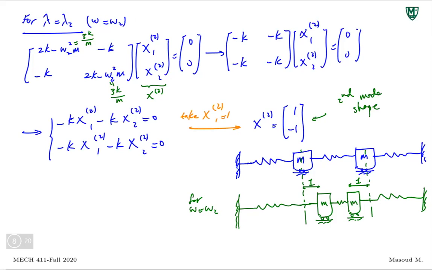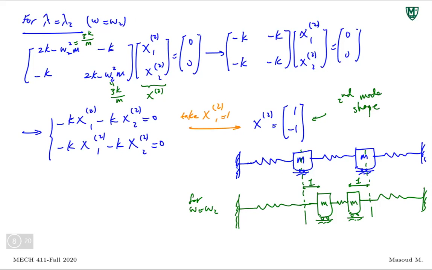Now, why are they important? We'll get there. When we start looking at how to find the system response to some given initial velocity or displacement or some external force, that's how we use mode shapes. You can think of mode shapes as unit vectors in a modal space.